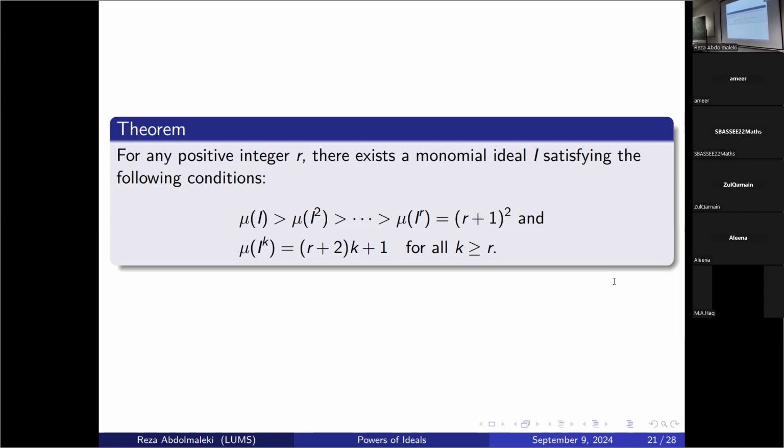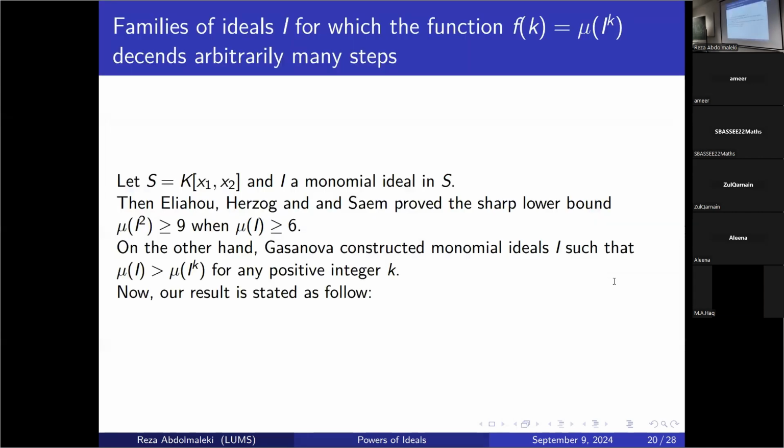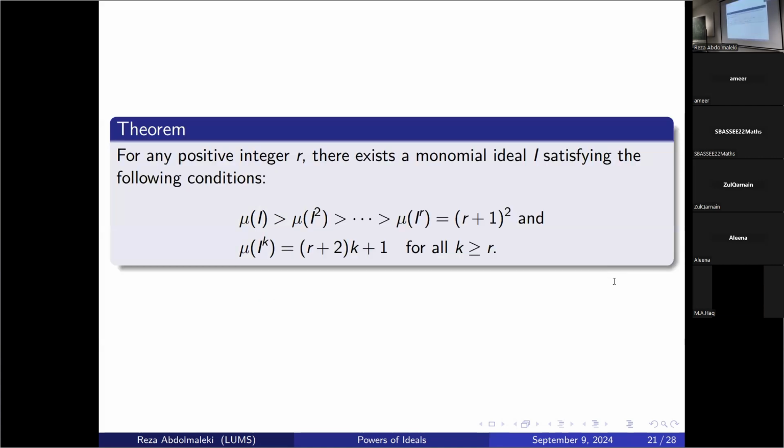In this sense, this lower bound is 2 plus 1 squared, and our result takes r plus 1 squared. In that sense, it is a generalization of that result.